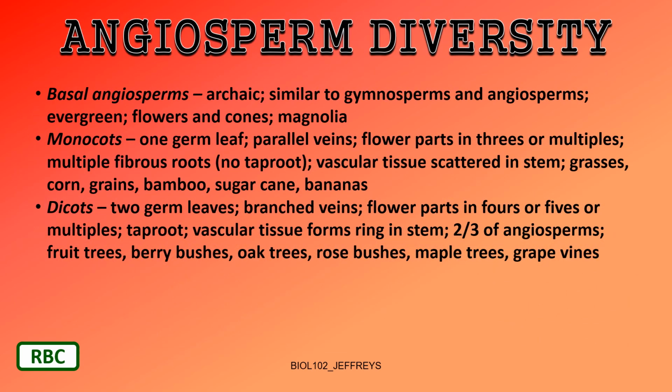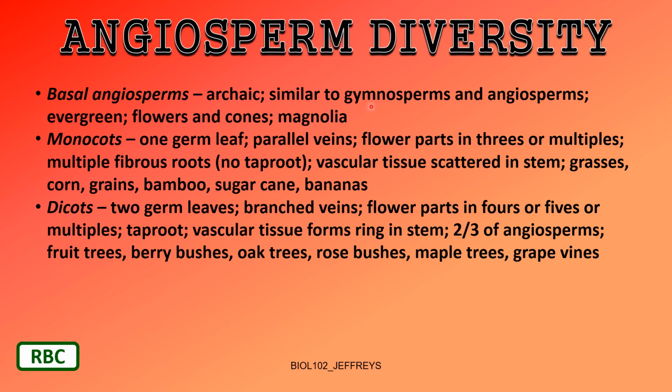Okay, angiosperm diversity. Real quick, we have basal angiosperms. Now, basal means at the bottom, like everything stems from the base, right? Basal angiosperms are ancient, archaic angiosperms. We have extant examples of archaic angiosperms, living examples, like Magnolia is a penultimate example of an archaic or basal angiosperm.